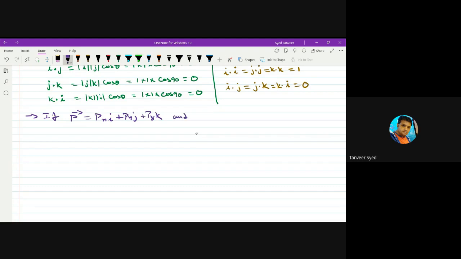And the second vector q is given as qx i plus qy j plus qz k. Then if you perform scalar product on p and q, how you do it? You do it like this simply. Multiply i with i, j with j, k with k and add all of them.